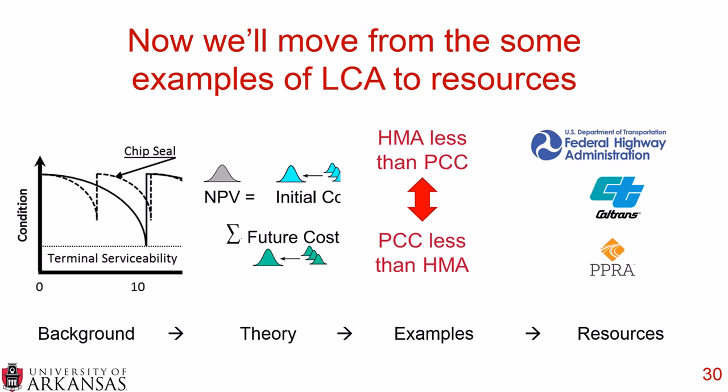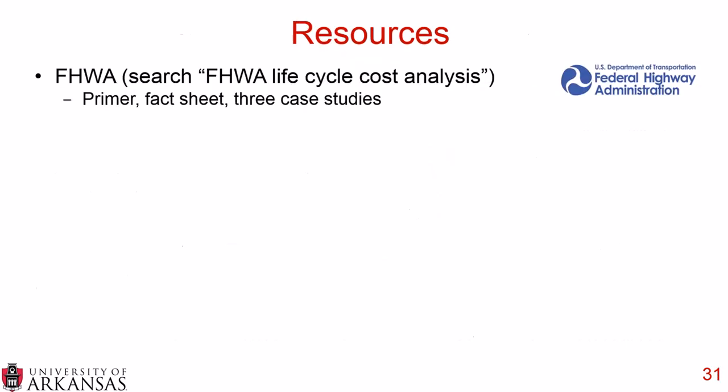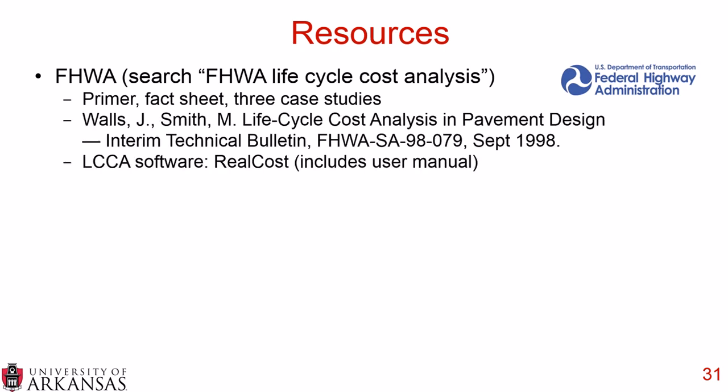Now we're going to move from some of the examples of the life cycle cost analysis to resources. So if you search FHWA life cycle cost analysis, the Federal Highway Administration has a great website for life cycle cost analysis. They have a primer, a fact sheet, they provide 3 case studies. There's a very seminal interim technical bulletin, life cycle cost analysis and pavement design. This is what I used to write a lot of this presentation, and it was released in 1998, but it shows that we've understood these concepts for a while.